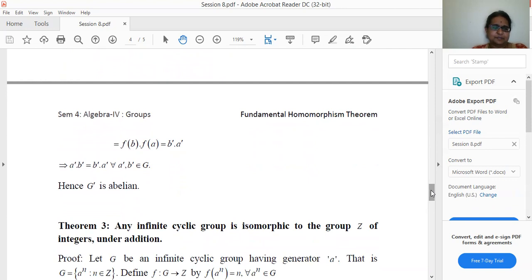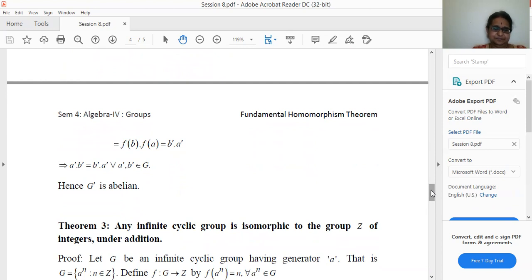That is, homomorphism means if f is a mapping from G to G dash, if G has the binary operation addition and G dash has the binary operation multiplication dot, then f is a homomorphism provided it satisfies f of g1 plus g2 is equal to f of g1 dot f of g2, where g1, g2 are elements of G, and it has to be 1-to-1 and onto for isomorphism.